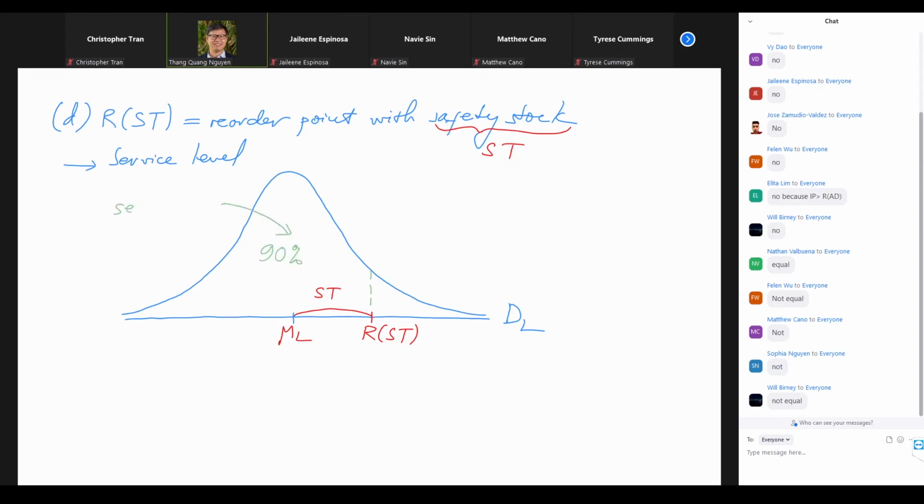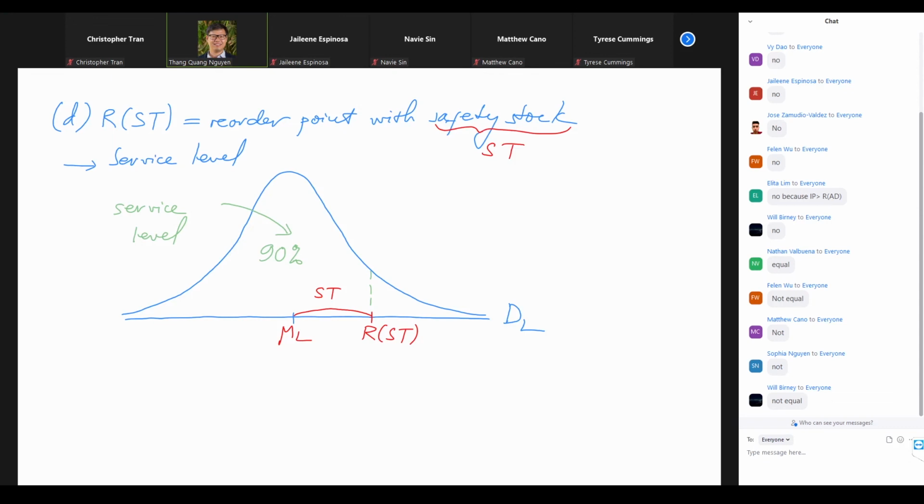So this is our new service level, a desirable service level of 90%. We might choose it to be 95% or 85% or anything, but in this particular case, the question asks us to do 90%. So let's do that with 90%.